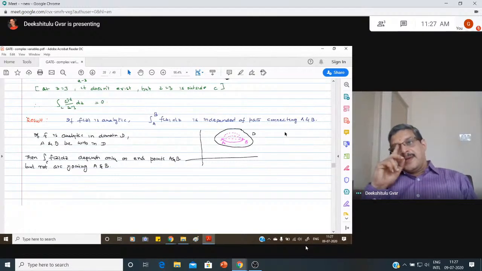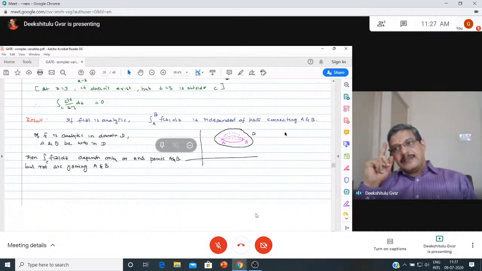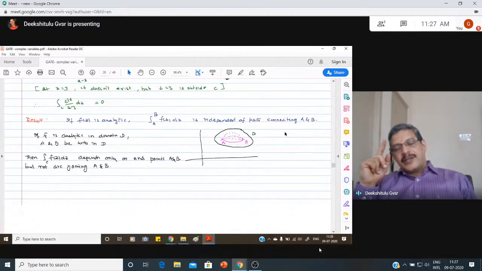Mind you, we have studied a similar result in vector calculus. When vector point function f bar is irrotational, then curl f becomes 0. Then the integral is independent of the path taken. Conservative field we have studied again.